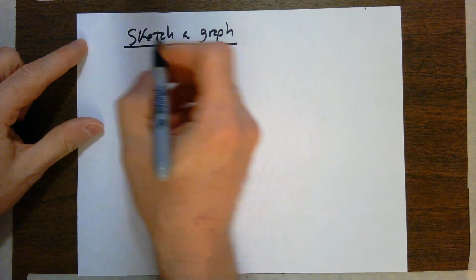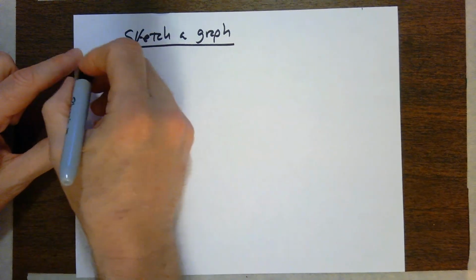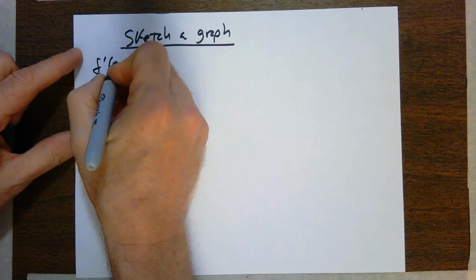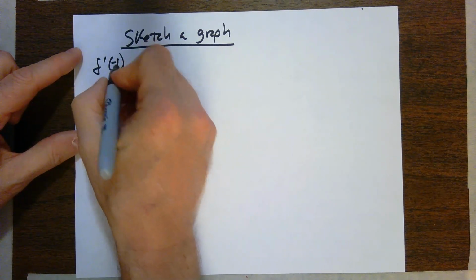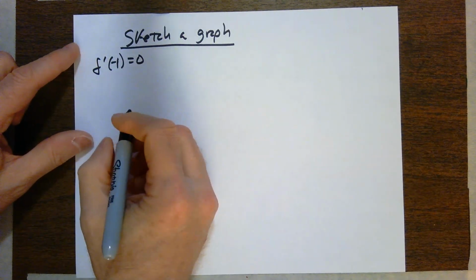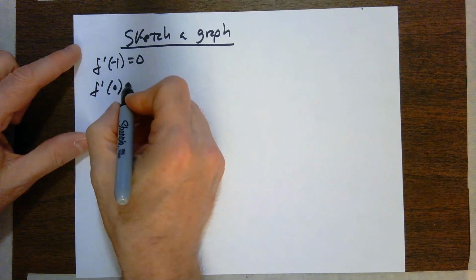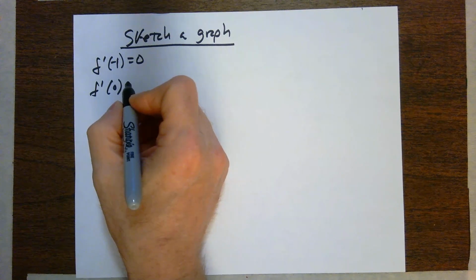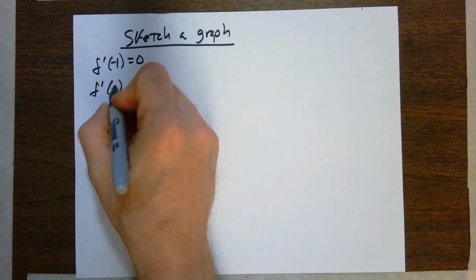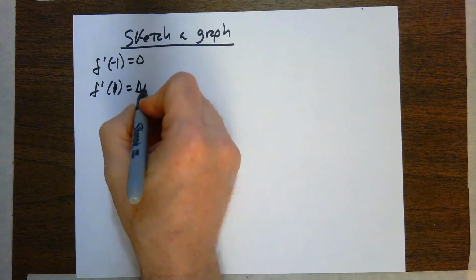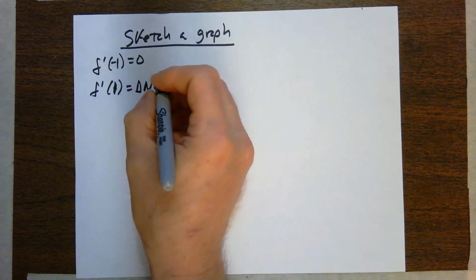So sketch a graph where the first derivative at -1 is 0, and the first derivative at 1 does not exist.